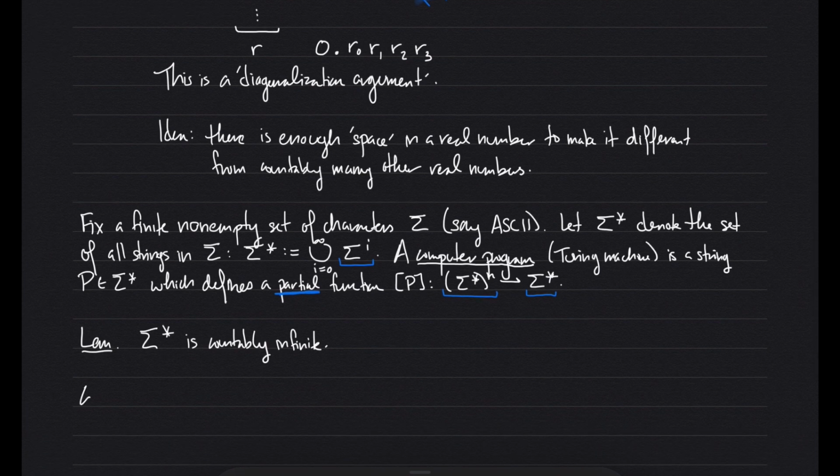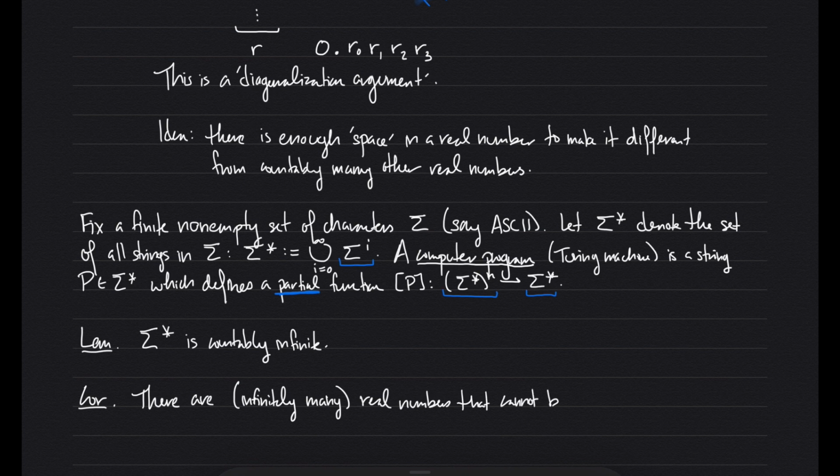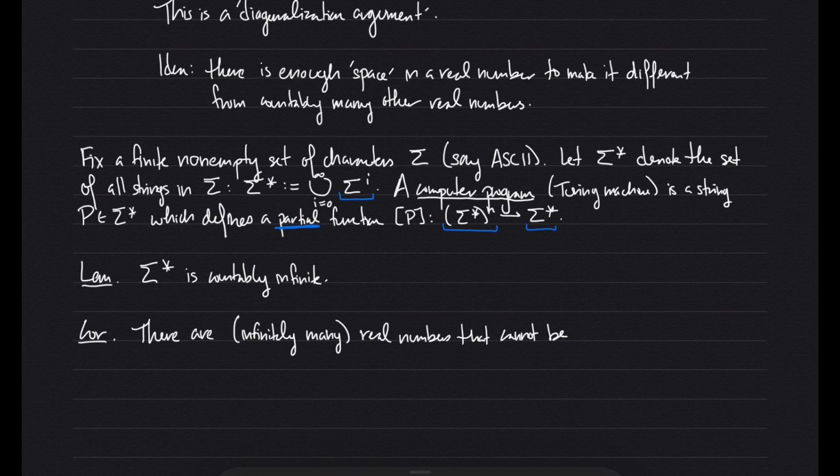Okay, so now the interesting result of this is that there are infinitely many, uncountably many actually, real numbers that cannot be printed or, let's say, returned by a computer program.